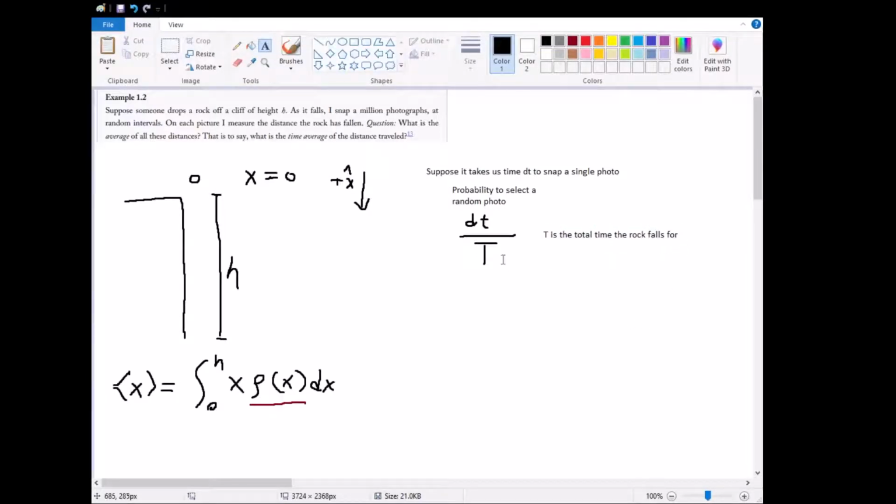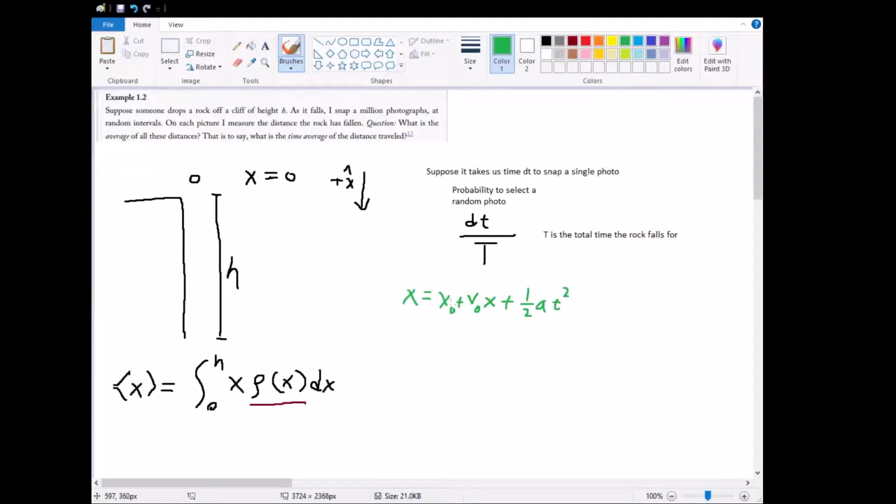Okay, let's try to find what T actually is before we go any further. We know from kinematics that we can define the fall of the rock using the function x equals x0 plus v0 times t plus 1/2 times acceleration times t squared.